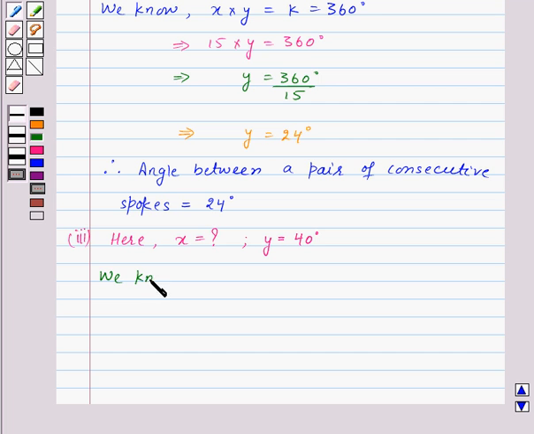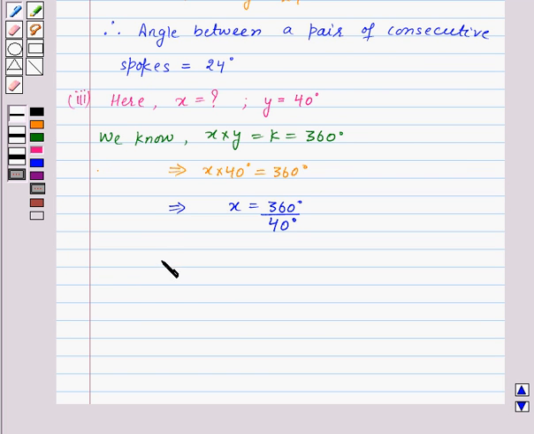And we already know that x into y is equal to k, that is 360 degrees. This implies x into 40 degrees is equal to 360 degrees. This gives x is equal to 360 degrees upon 40 degrees. That is, x is equal to 9 spokes. Therefore, number of spokes is equal to 9.